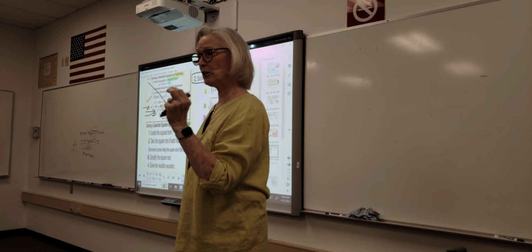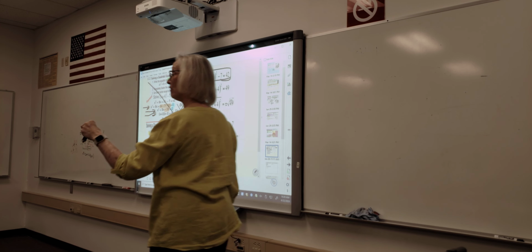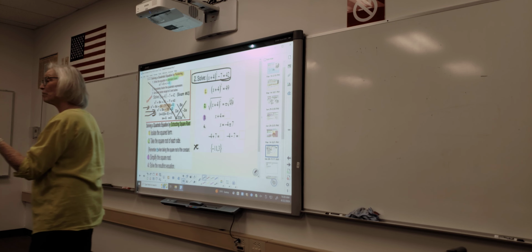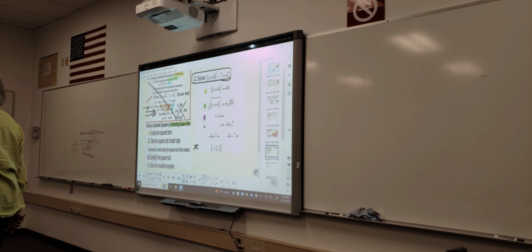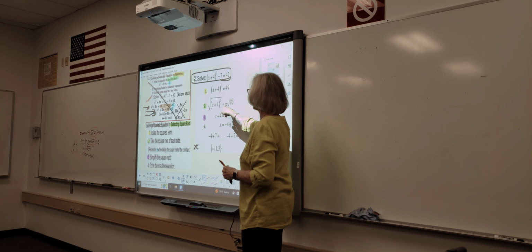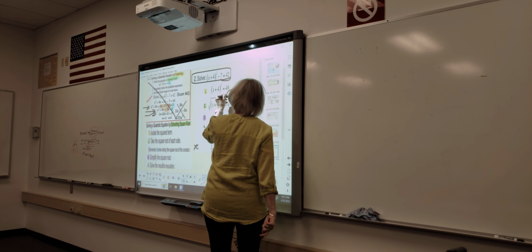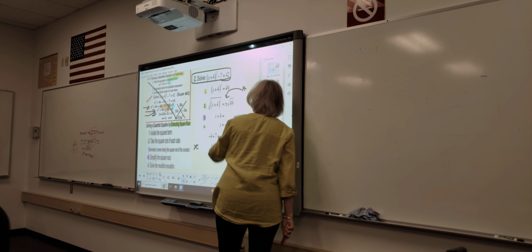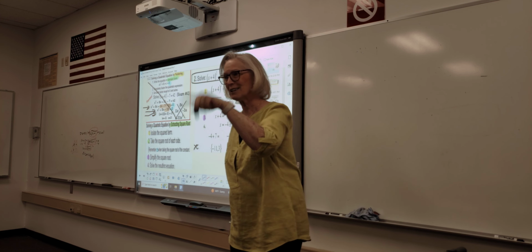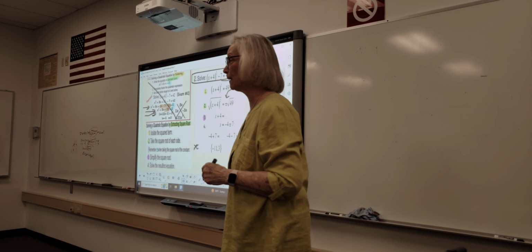Because remember, when I do square root of 49, it could be 7 times 7, or it could be what? -7. Negative 7 times negative 7. So the new part that you have to remember is to put this guy here. This is hard to remember, so put a little arrow by that in your notes and put a little star, highlight it if you want.